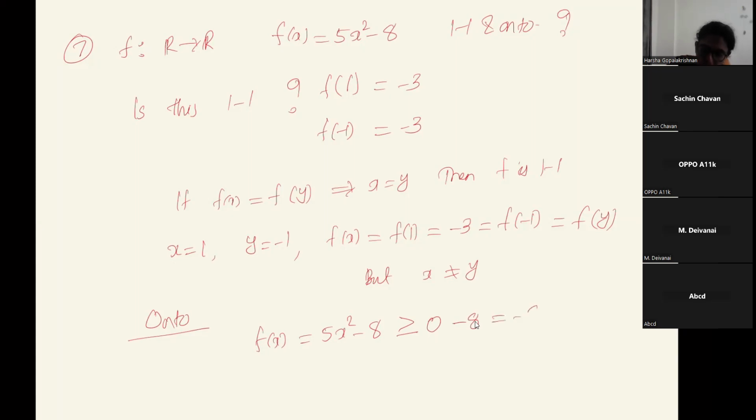Any doubt here? So what it actually says is f of x is always greater than or equal to minus 8. Whatever the value of x, whether x is negative, positive or 0, this f of x is always greater than or equal to minus 8. Is this okay? Last statement. Everyone?